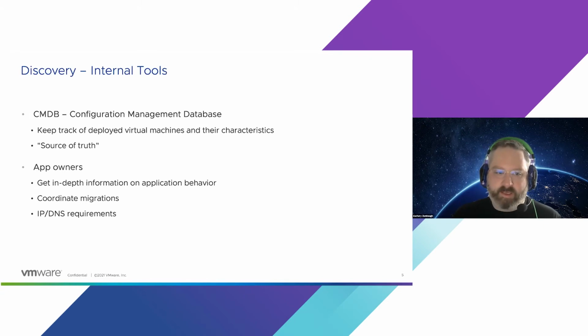And this should be considered the source of truth, so to speak. There's no one particular application used to track this information, and actually many companies have their own homegrown applications to track this data. And in addition to sizing, the CMDB can also contain application dependencies and relationship information, as well as the application owner information.